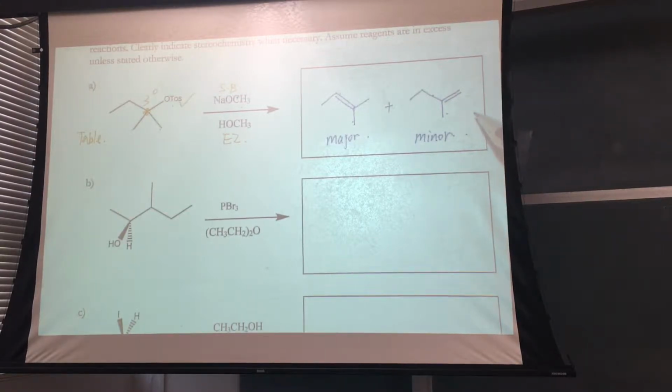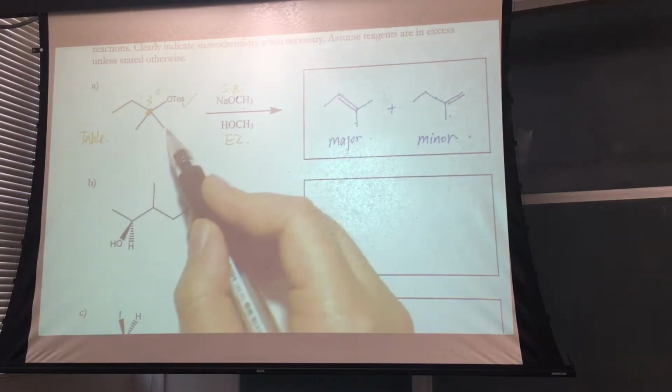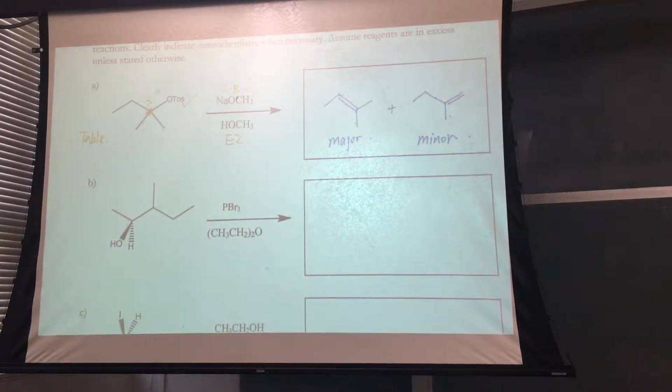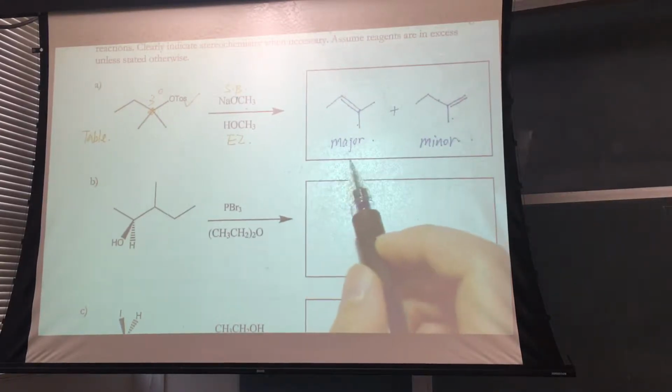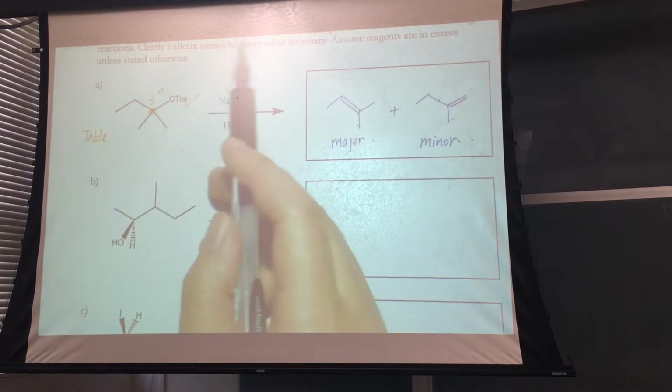Usually it's on the side. On this side, for a bulky base, it's easier to grab that one than the one that has more steric hindrance. Did I make this point clear? Okay. So you do need to identify which one is major because they ask major.